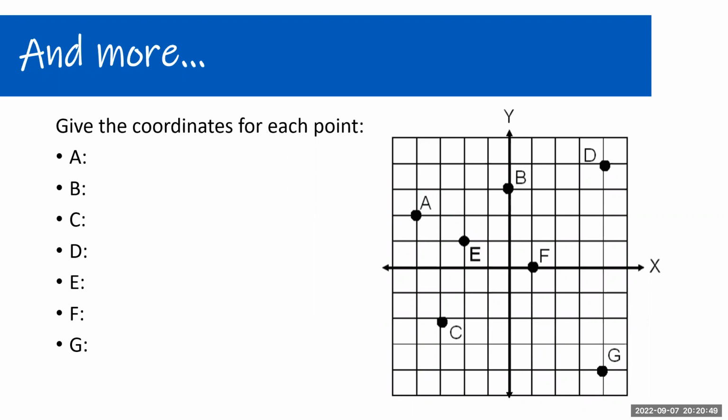So point A is right here, and we see that this is -1, -2, -3, -4, and 1, 2, 3, 4. So that is going to be at (-4, 2). B is right here, and that is going to be (0, 3).